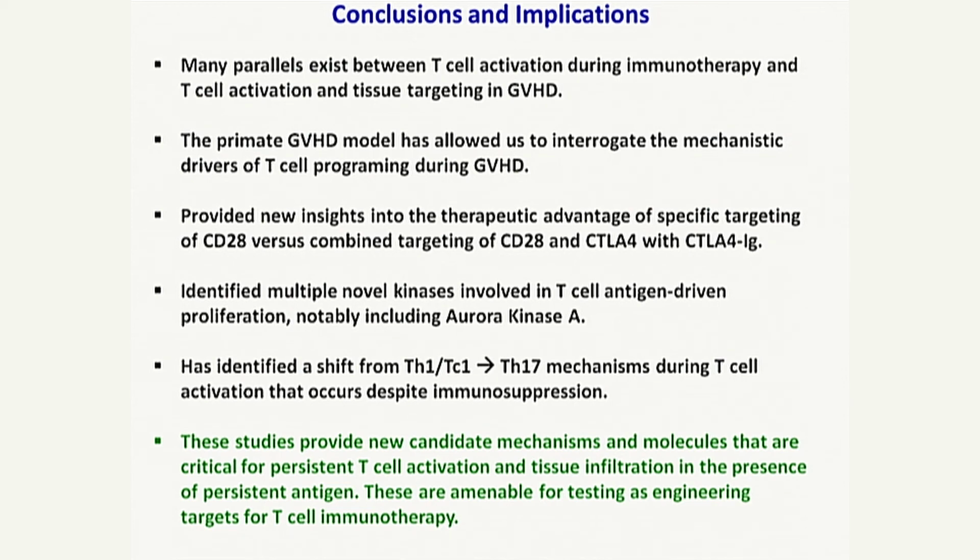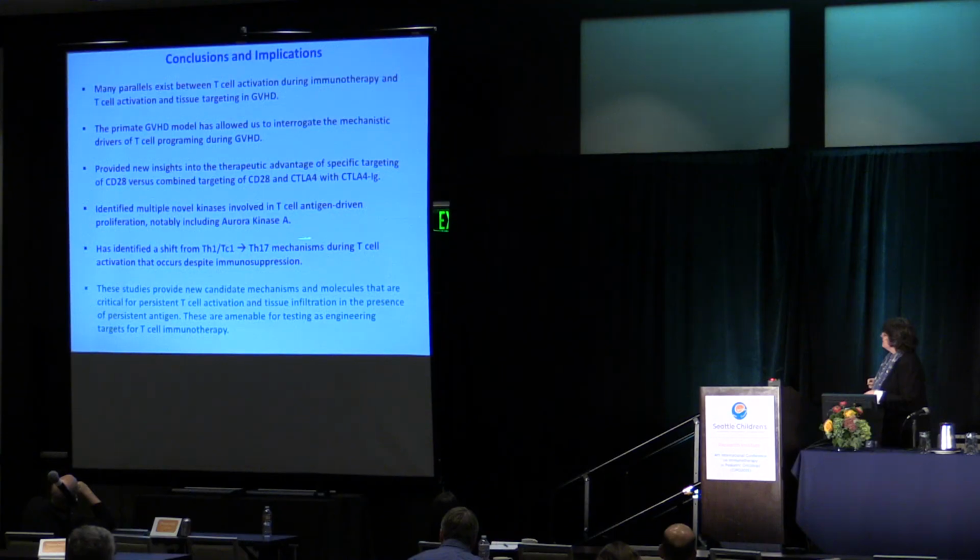And for the immunotherapist, it's really the subtraction of that gives you some of the mechanistic drivers of blocking CTLA4. It's allowed us to identify multiple novel kinases involved in T-cell antigen-driven proliferation, including Aurora kinase A, which we think is really important, and has identified a shift from Th1 to Th17 mechanisms during T-cell activation that occurs despite immunosuppression.